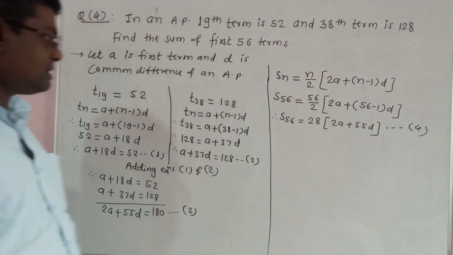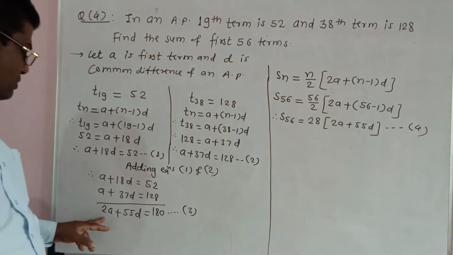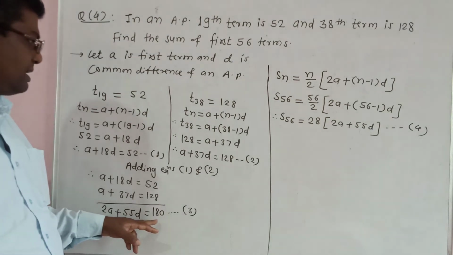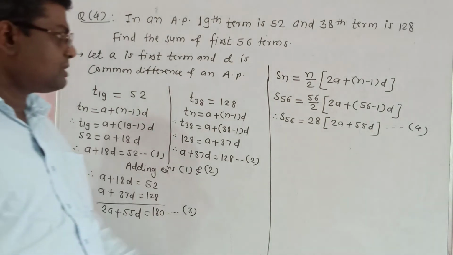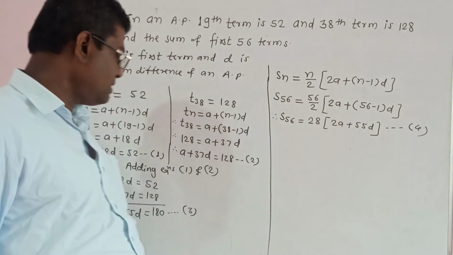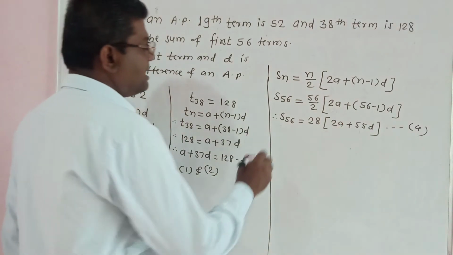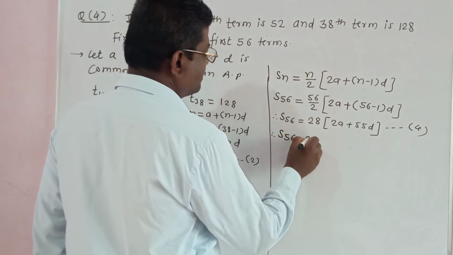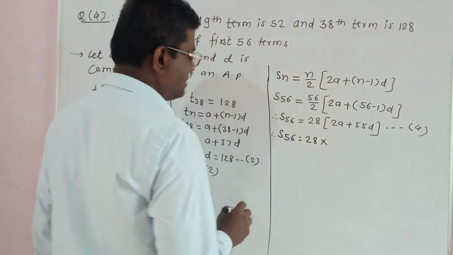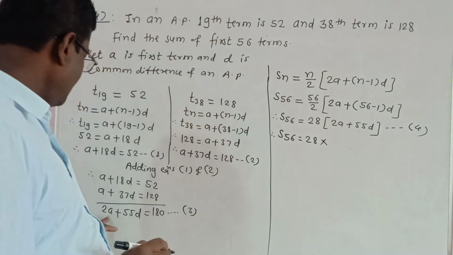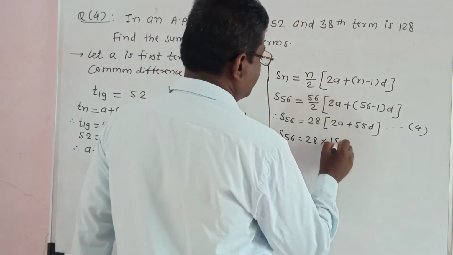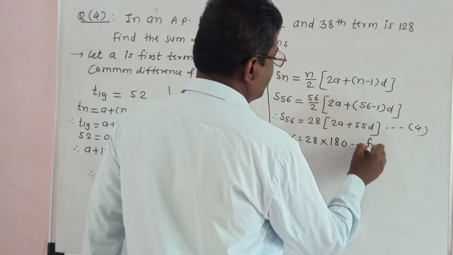Now in equation number 3 we have 2a plus 55d is equal to 180, and we can put this value in equation number 4. Therefore we write S56 is equal to 28 into that value of 2a plus 55d, which is 180.